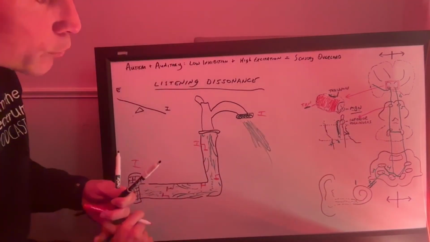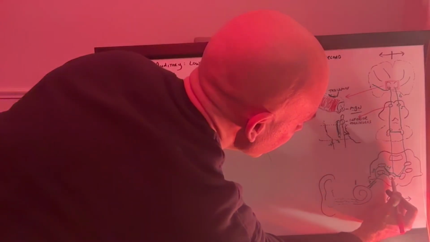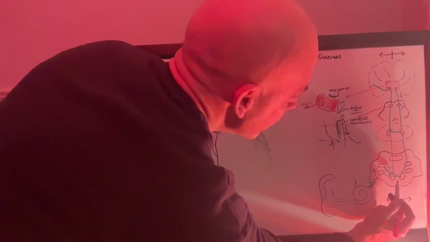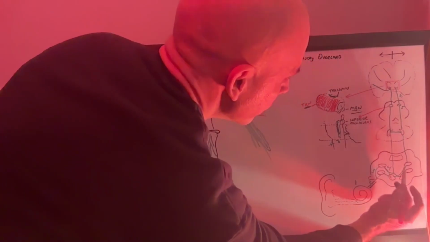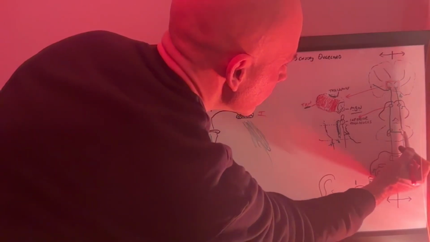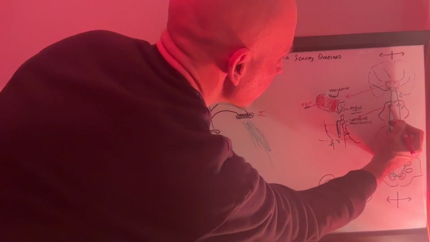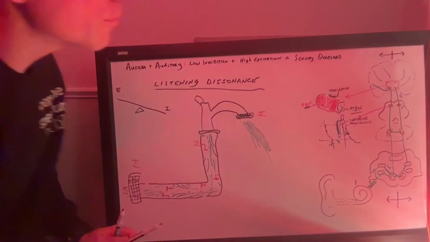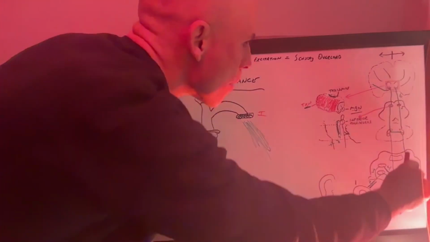And each one of these areas here, the olivary, the lemniscus here, and then the inferior colliculus, is trying to provide a little bit of stopping.